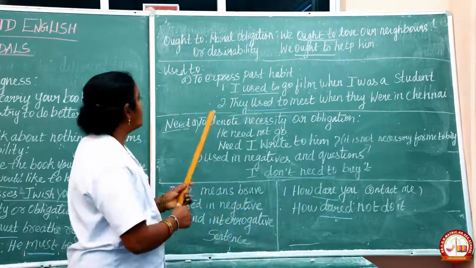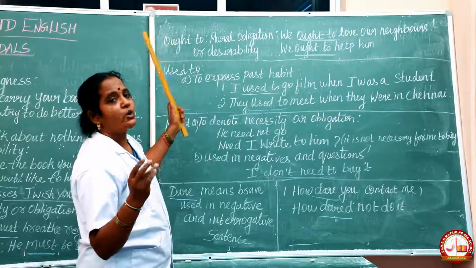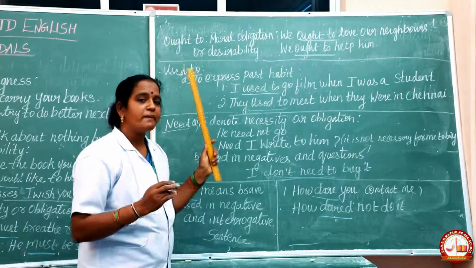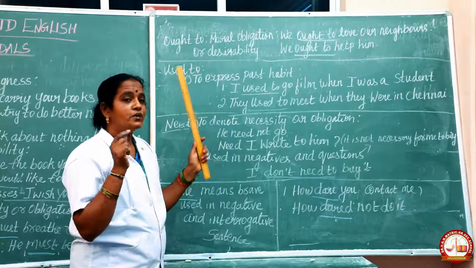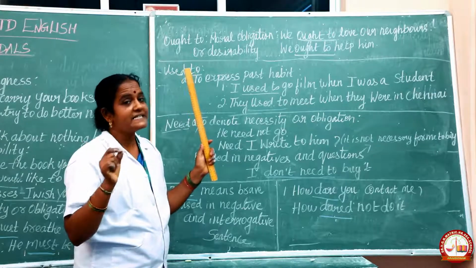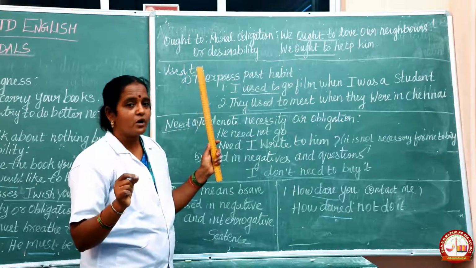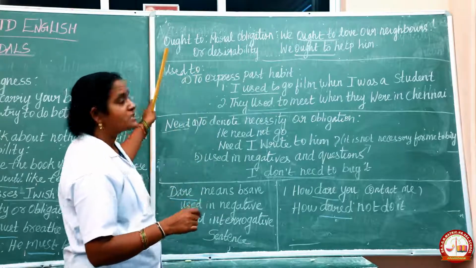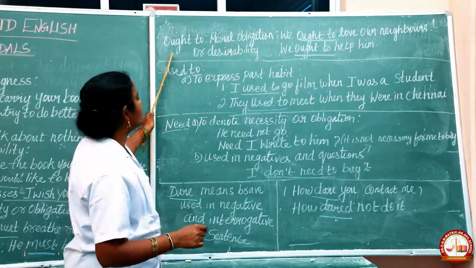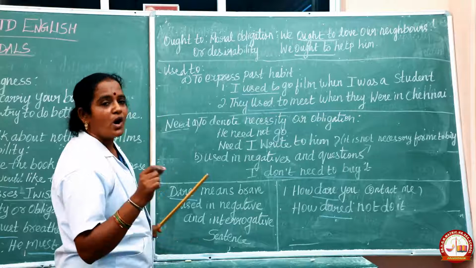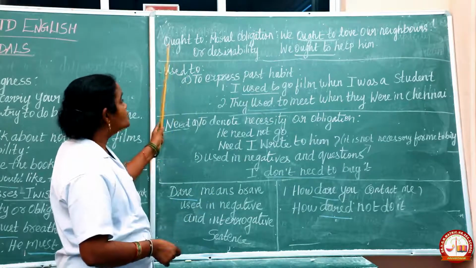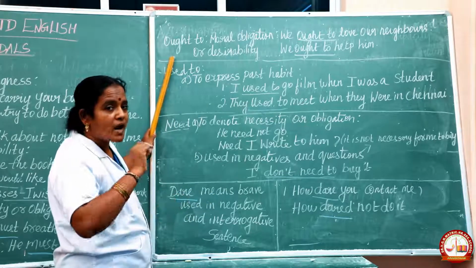These are the four semi or quasi modals. If in the question paper they mention that you have to fill the sentence with a semi or quasi modal, you have to use these four only: have to, used to, need or dare. Have to means moral obligation.